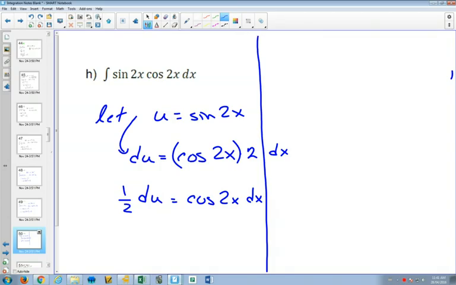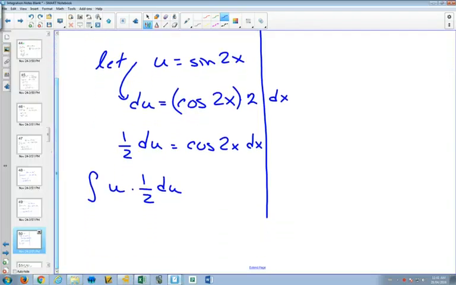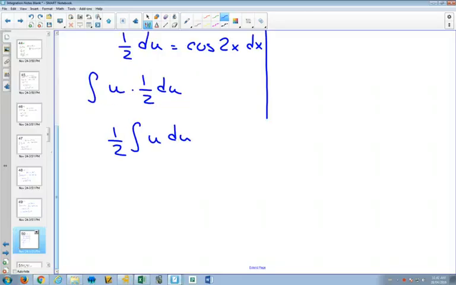Now we can make our substitution. Where the sine 2x is, we can write u. Where the cos 2x is, we can write 1/2 du. That 1/2 can come out in front. And so we get 1/2 integral of u du.